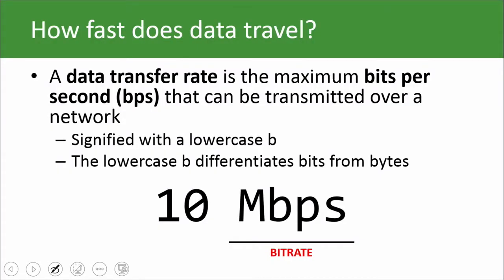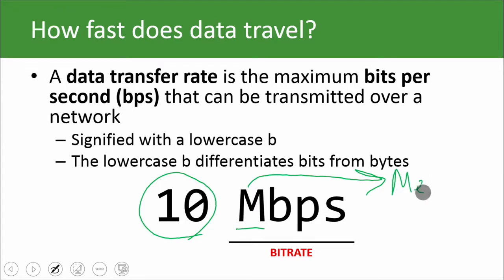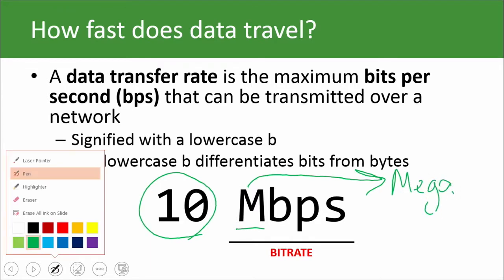The speed that data travels is measured by bits per second, right? That's called its data transfer rate. So we signify this data transfer rate with a number, in this case 10, and then M, which in this case stands for mega, and then a lowercase b.